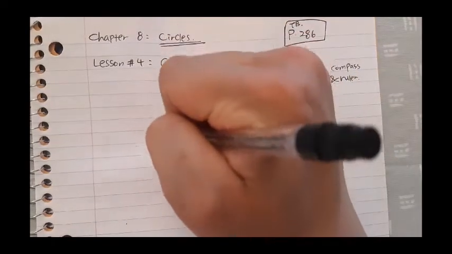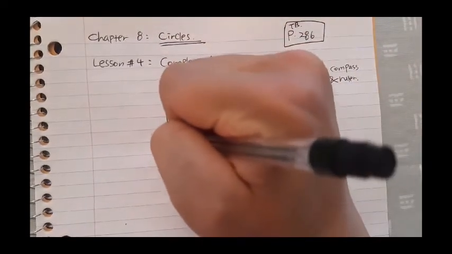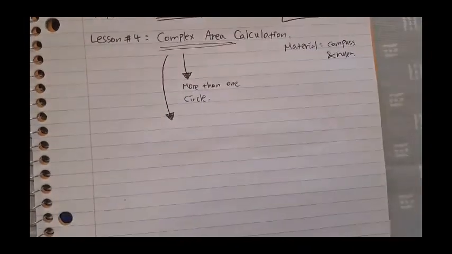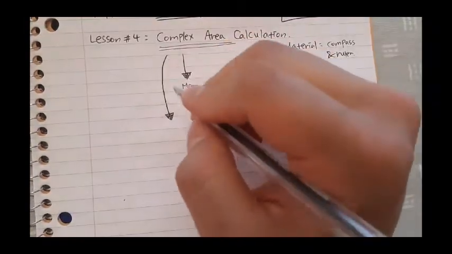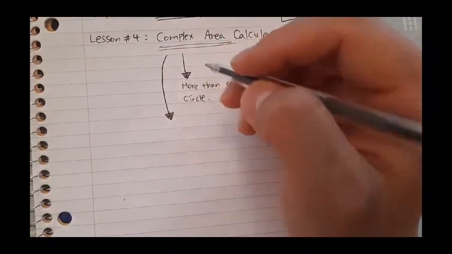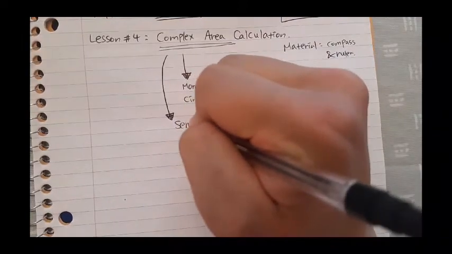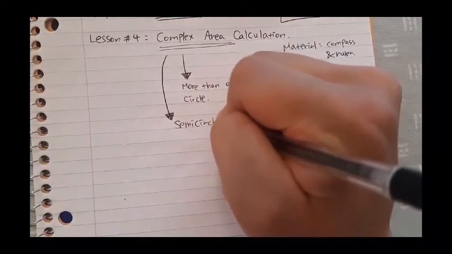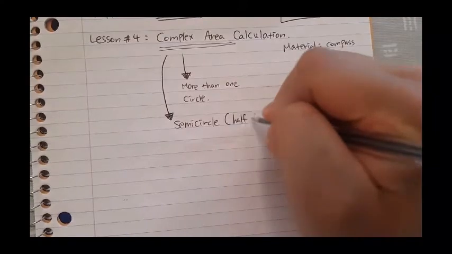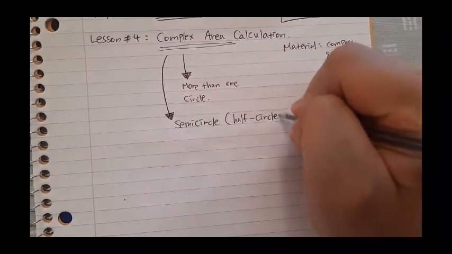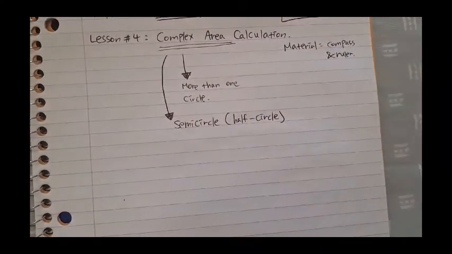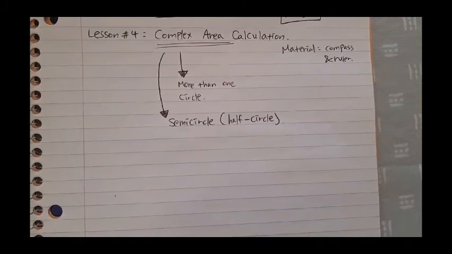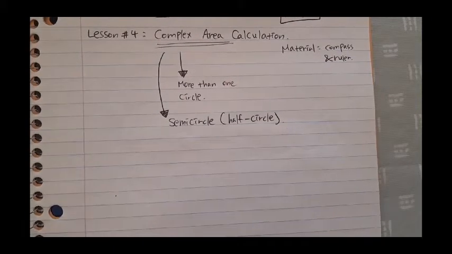Or sometimes you need to deal with semicircles, little deformed circles. We're not doing any type of oval shape, so have that in your mind. Without further ado, let's get this started.